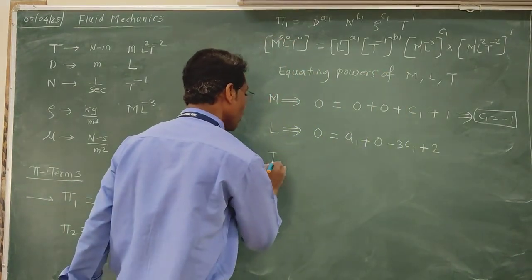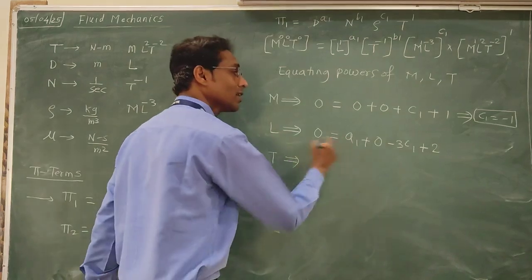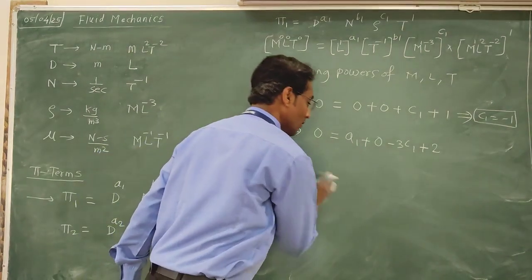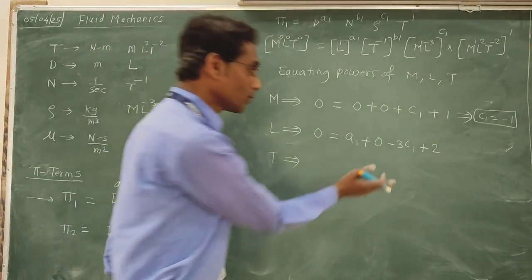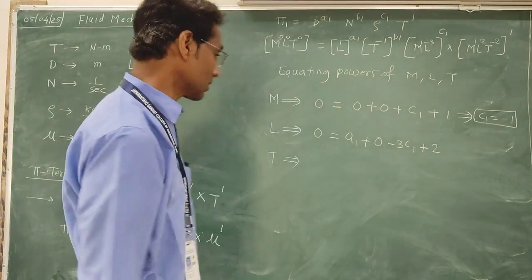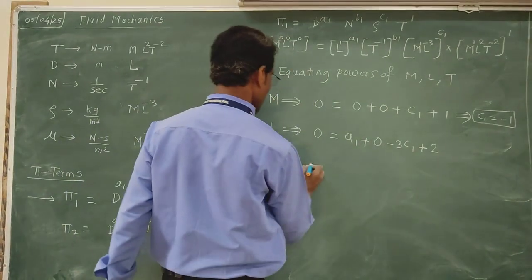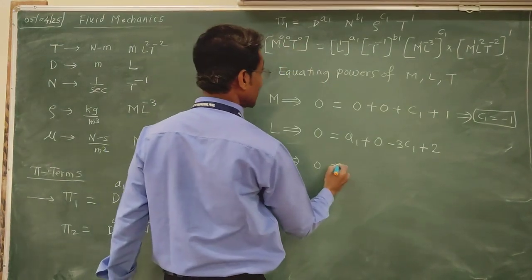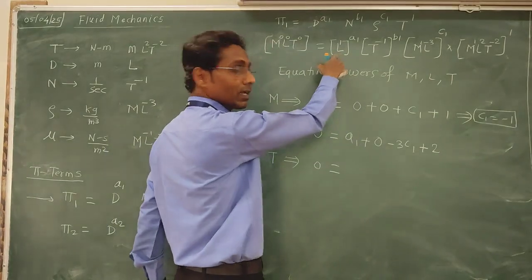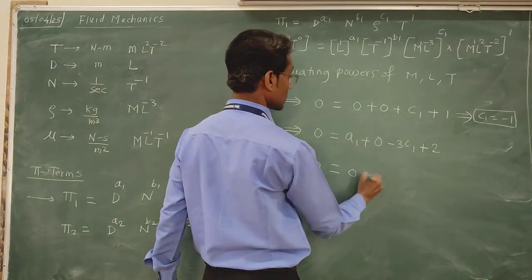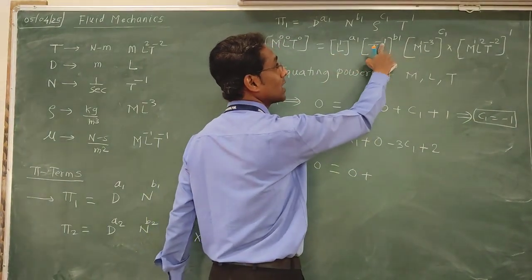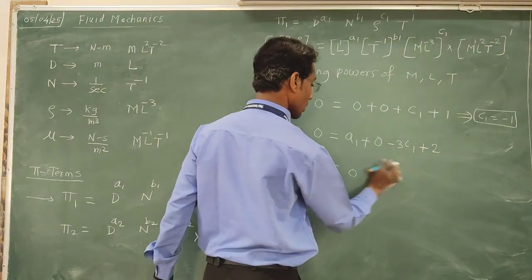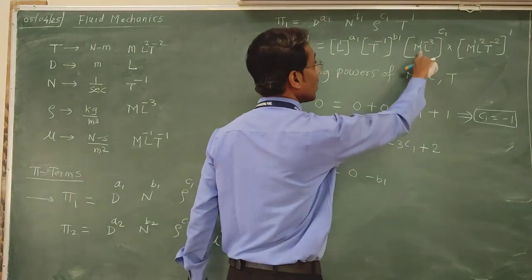We will go for T. We will find the value of A1 or C1, then we will put that here. For T, do the same way: left side 0, right side T is not present, so 0. Plus here T is present, minus 1 into B1 means minus B1.